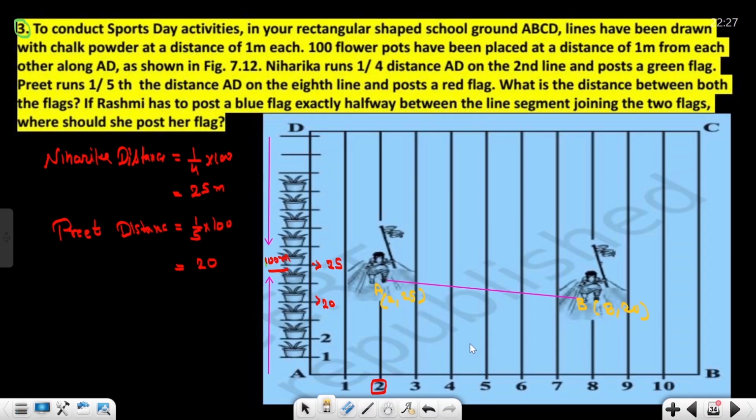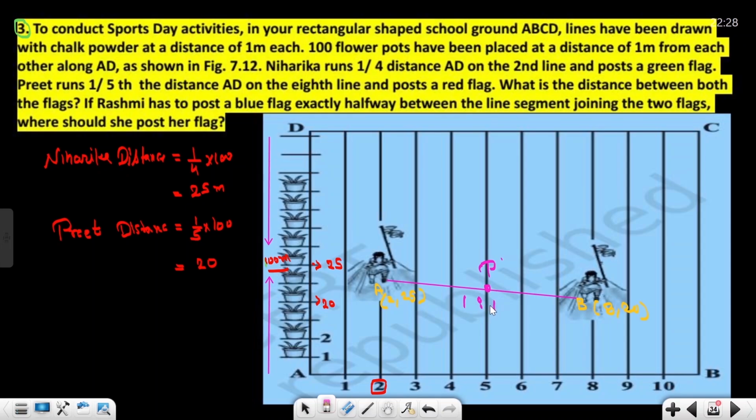And where is the midpoint? Exactly half. We don't know whether it is on line 1, 2, 3, 4, 5 or 6. It means exactly half is on line number 5, yes or no? How do we find the half? Half means the ratio at this point. Suppose this point is P. The ratio for this point is 1:1. So it becomes the midpoint.